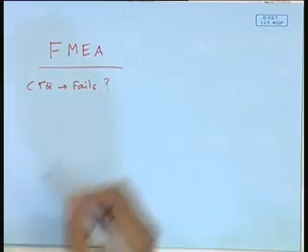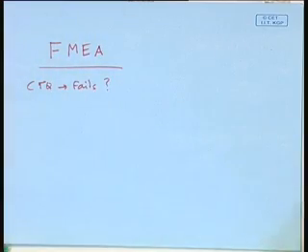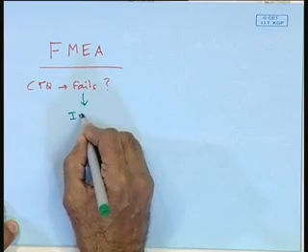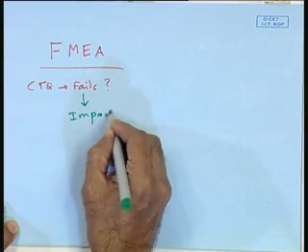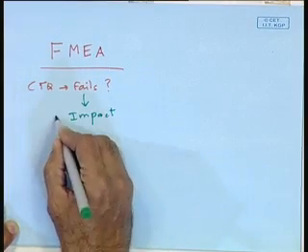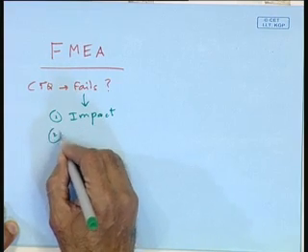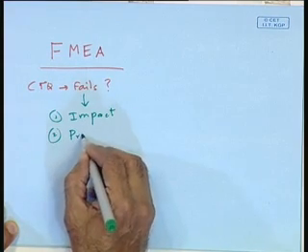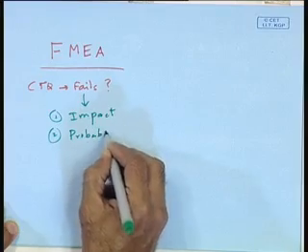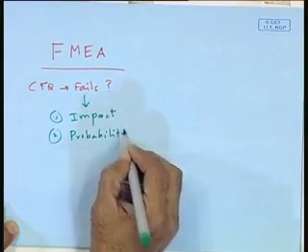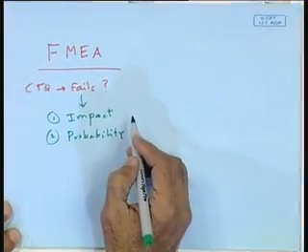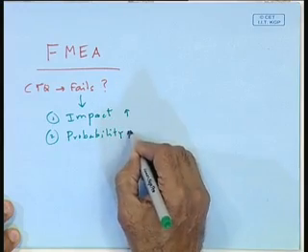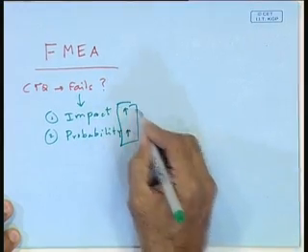How might this happen? To be able to do that, I answer some questions. First of all, I try to find out what is the impact of this failure. This is the first thing I try to identify. The second thing I try to identify is what is the likelihood, what is the probability of this failure. If there is some item that has high impact, it's also got high probability, that becomes something critical for me.